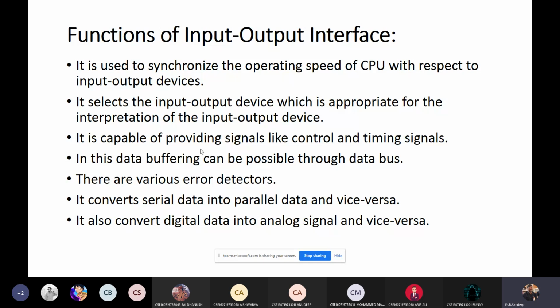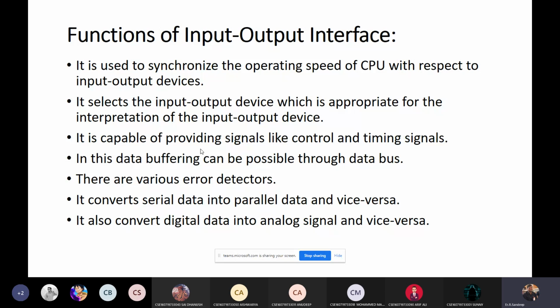In this, data buffering is also possible, meaning stacking all the data at one place, and that one place we call a buffer. So data buffering is also possible in the case of input output device interfaces. And it converts serial data into parallel data and parallel data into serial data.